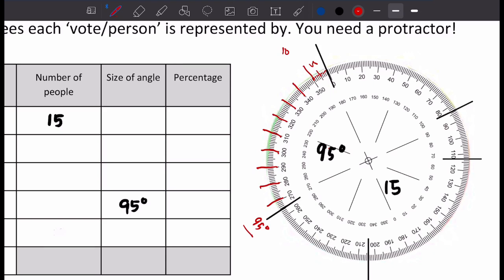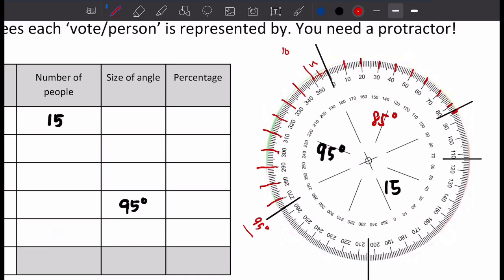Let's count from here to this side. 10, 20, 30, 40, 50, 60, 70, 80, 85. That's about 85 estimated, 85 degrees. And let's count from here.